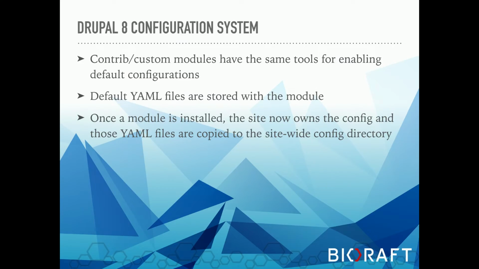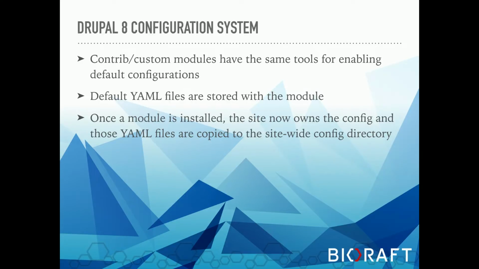So, again, pre-Drupal 8, modules use variable get and set or custom tables or features, as we said before. It was kind of like the Wild West. You never knew what you were going to get. And because you're dealing with contrib modules and your own custom modules, you probably had maybe 2 or 3 different systems of managing configuration.